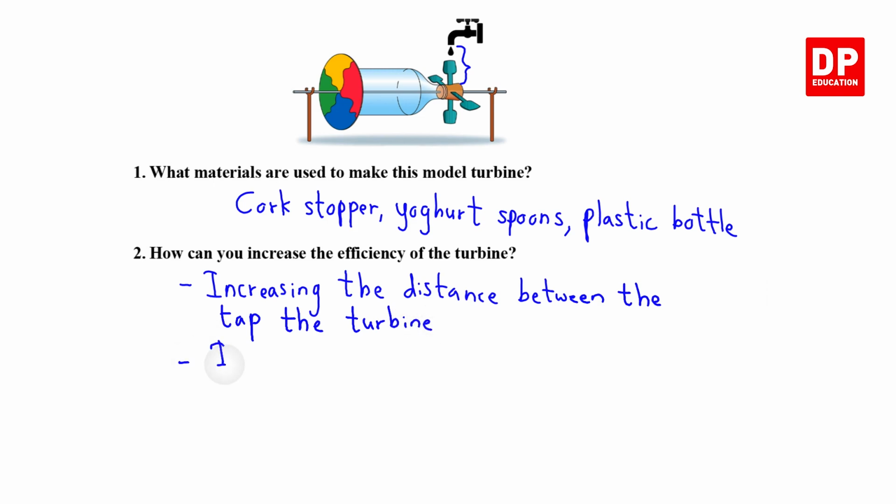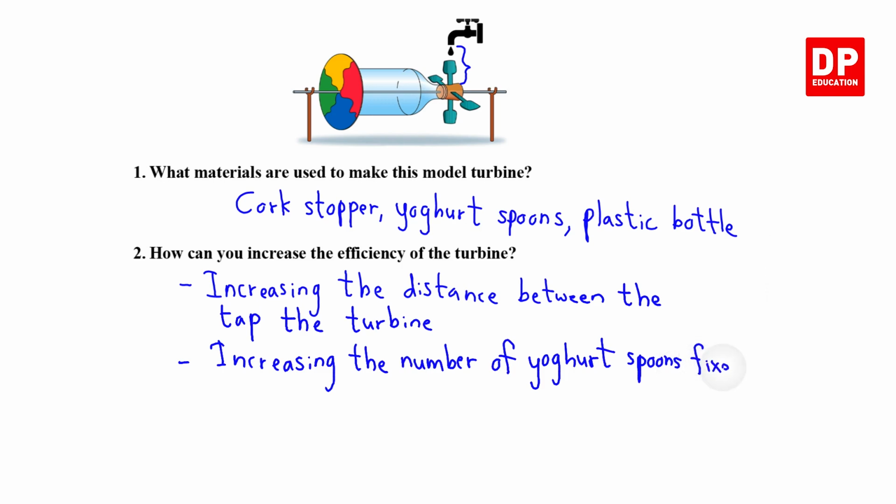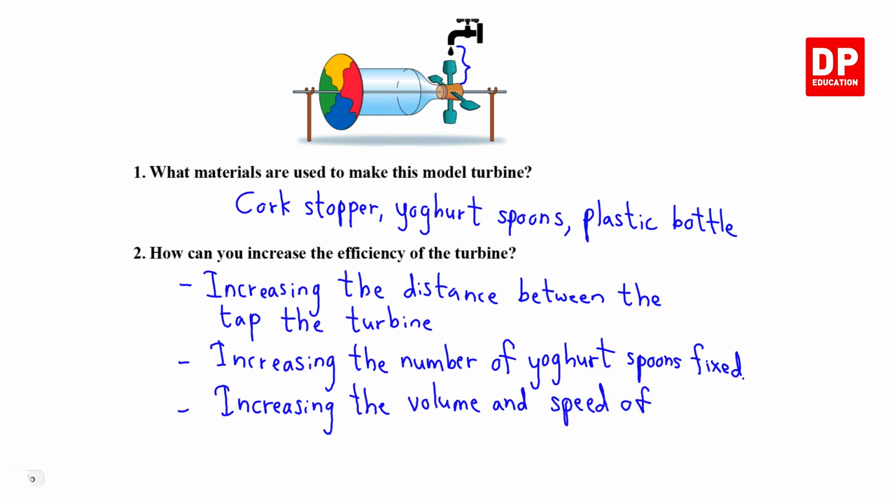Then increasing the number of yogurt spoons fixed, and increasing the volume and speed of water by fully opening the tap.